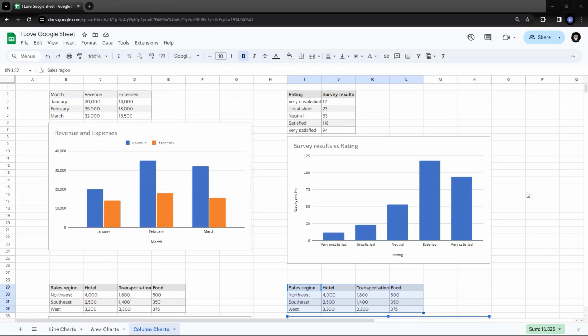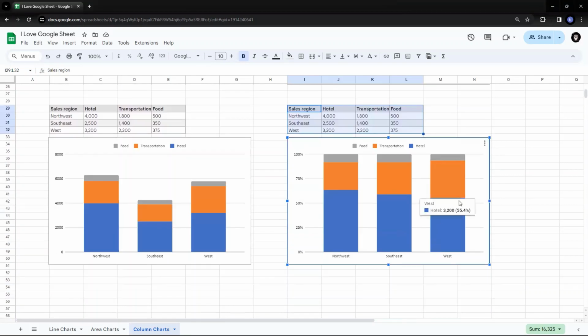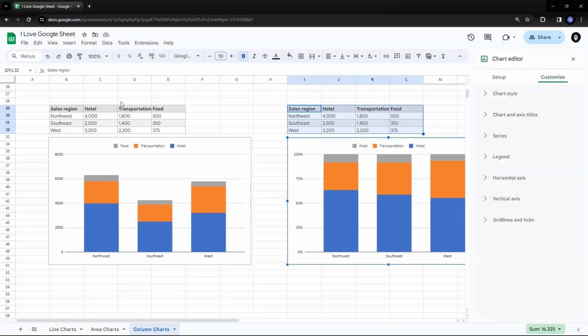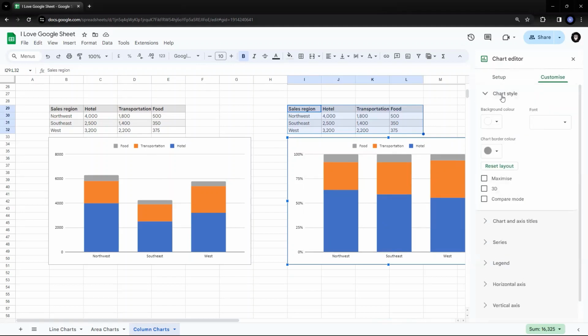You can always refer to the edit section which we covered in the line chart on how we can do the setup and customization of the charts. The functionalities remain the same.